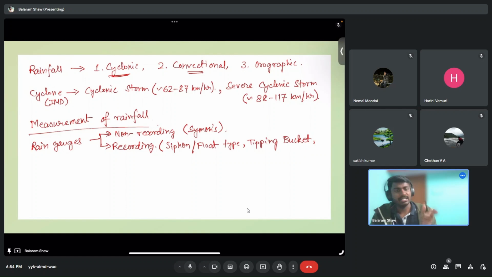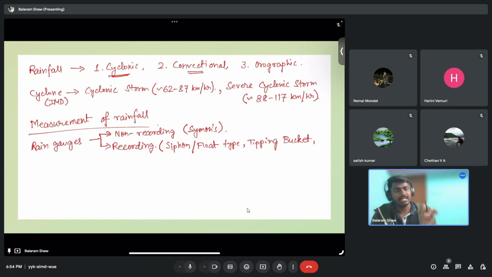This sigma m minus 1 is the standard deviation, that is, sigma m minus 1 equals root over summation of (Pi minus P average) square divided by m minus 1. We use m minus 1 when we have a sample estimate. And P average, which I'm writing as P bar, will be 1 by m summation i equals 1 to m of Pi. So from there we can know the coefficient of variation.